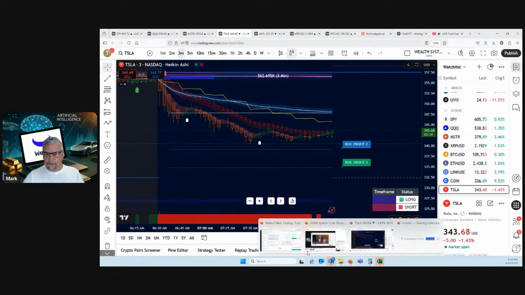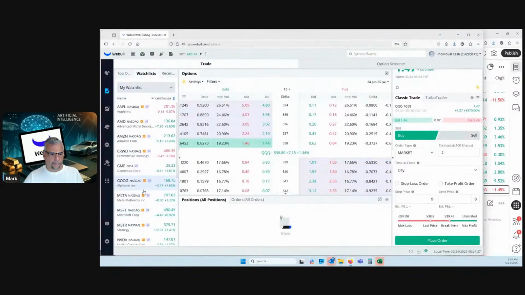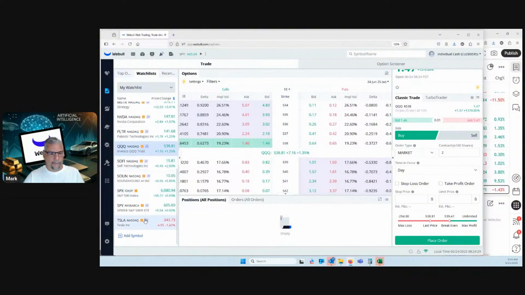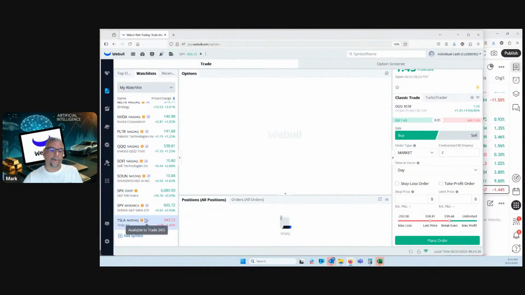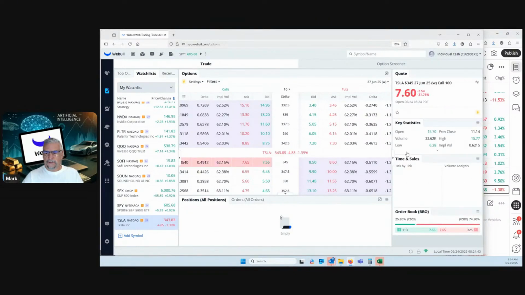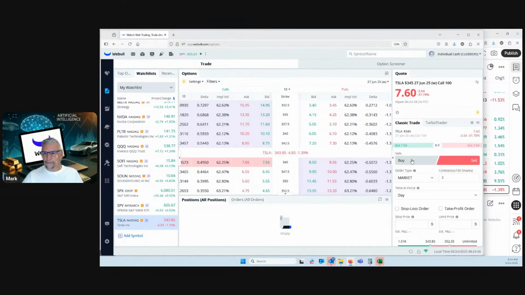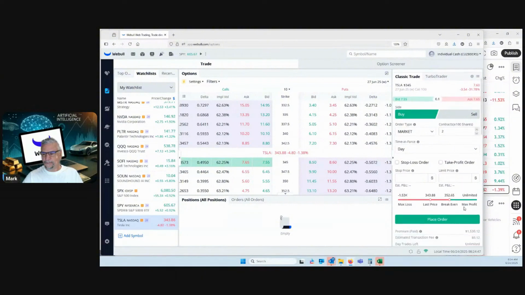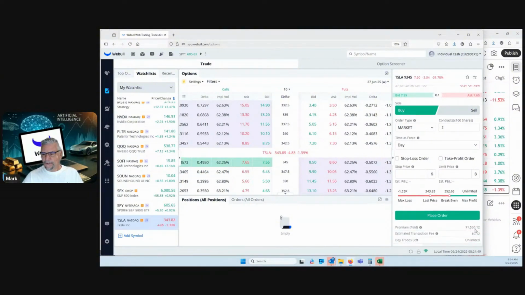So I'm keeping an eye on Tesla. And then what I'll also do is I'm going to go to my Webull and I will get Tesla ready. If it decides to reverse, I will decide to get in. And if I get in, then I'm probably looking at maybe 2 contracts, about $1,500 to enter.